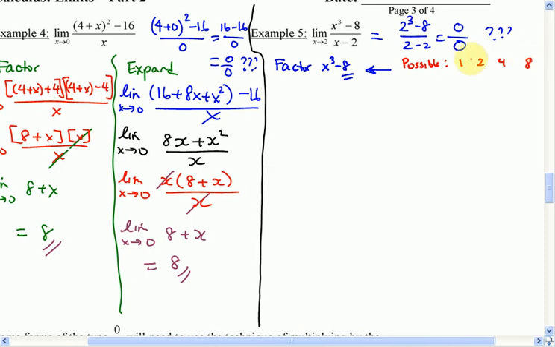But don't forget, it's not just positive 1, it's plus or minus. So you have actually 8 different numbers that we can choose. The idea is you're going to test these numbers by plugging them in to see which one gives you 0. Remember, this is like the remainder theorem. I'm going to test out 2 because I know 2 actually works. It's 2 cubed minus 8 equals 0. Yay! Therefore, what I know is x minus 2 is a factor. Now, that should have been pretty apparent to you all because this is the factor I want to get rid of.